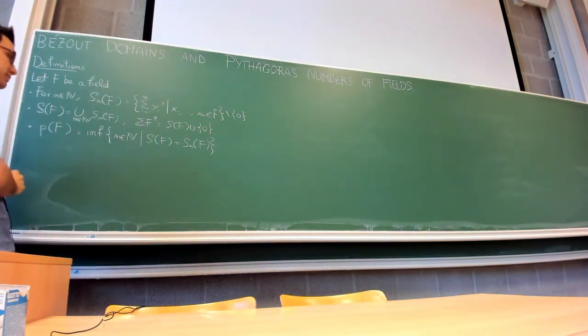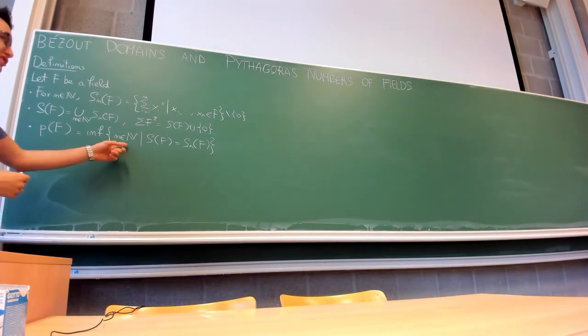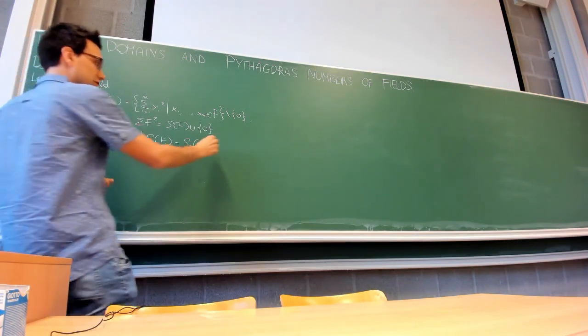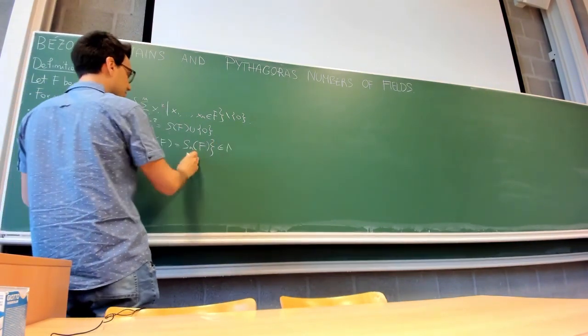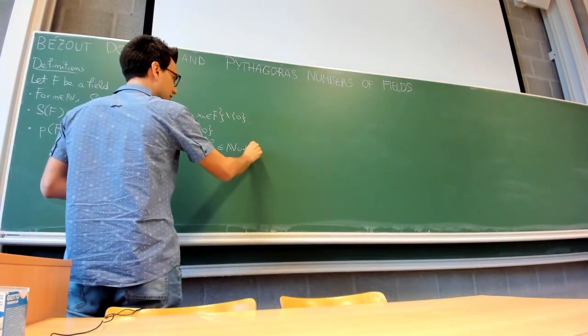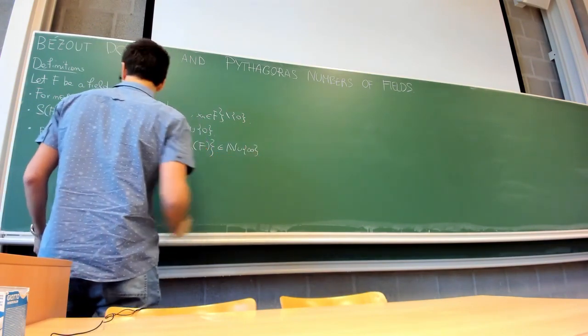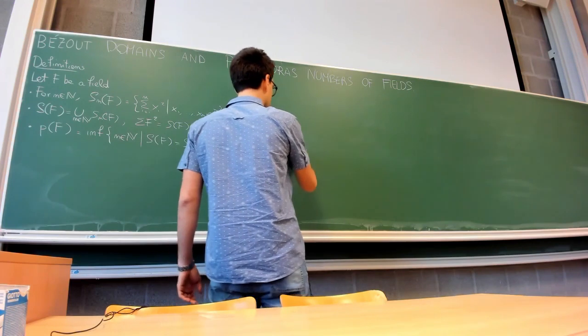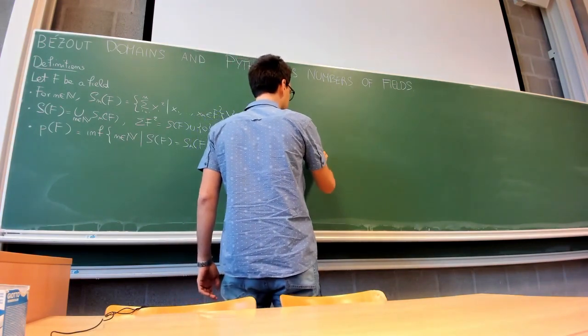Of course there is no reason a priori why one such integer should exist, so that's why I use the infimum. In case this set is empty, we say that the Pythagoras number is infinite. So this is called the Pythagoras number.